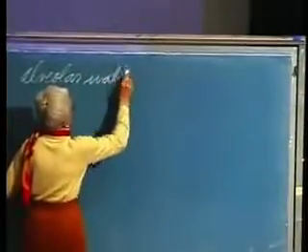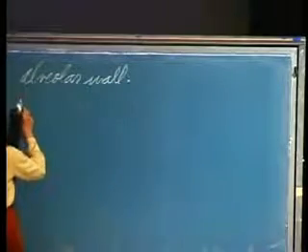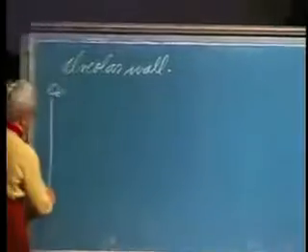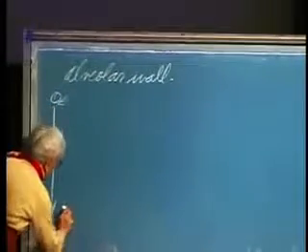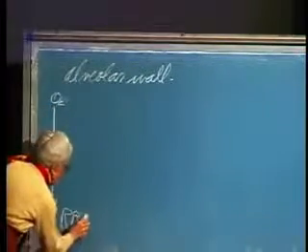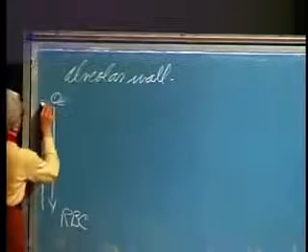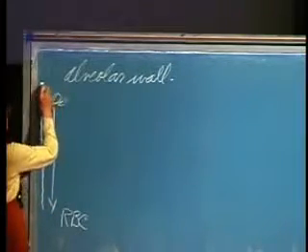All right, let's go on with our respiratory system and look at the alveolar wall, all right? So what does oxygen have to go through to reach the RBC? And what does CO2 have to go through to get out?